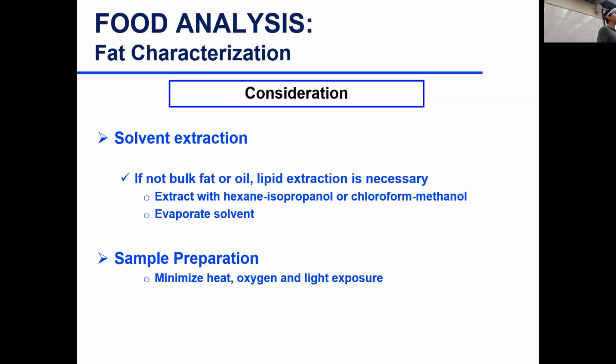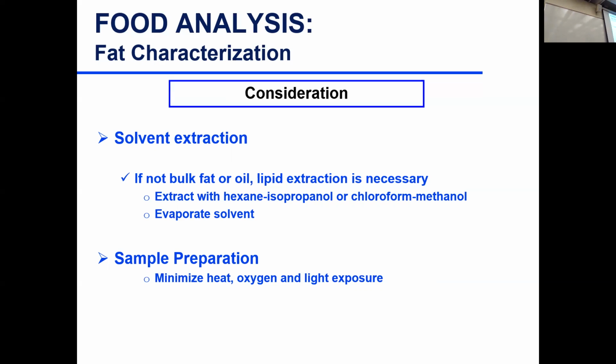It can also be used to determine if your hydrogenation process was complete. Also, it's an indirect measure of oxidation, because when lipid oxidizes, the oxygen attacks the double bond, so you'll get saturation. So if iodine value decreases over time, that's also an indication of oxidation. But we'll go over it in more detail.